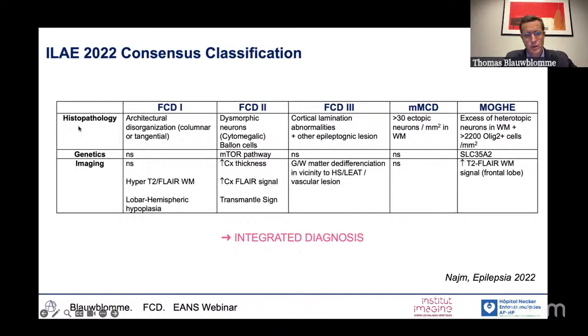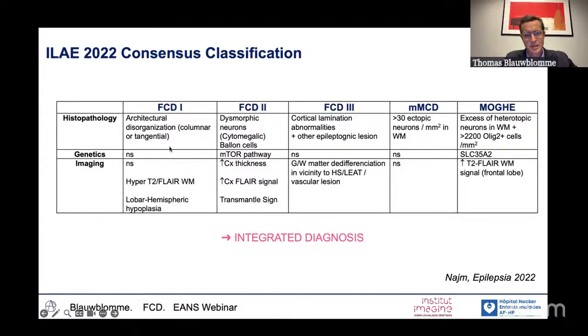It takes into account the histopathology, the genetics, plus the imaging. And inside these different subtypes of focal cortical dysplasia, you have at the end only 2 subtypes that are clearly defined with molecular abnormalities on the mTOR pathway for FCD type 2 or for SLC35A2 for the MOG.